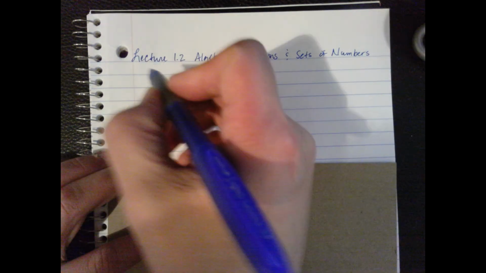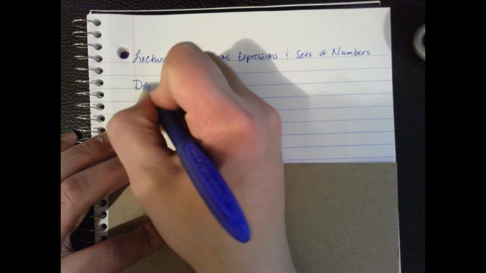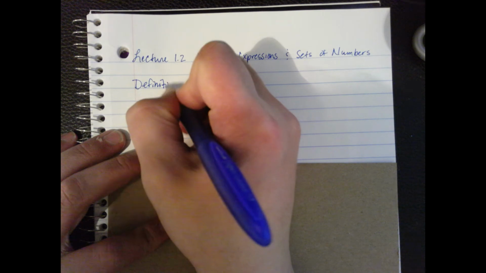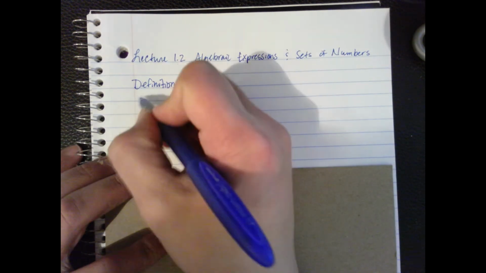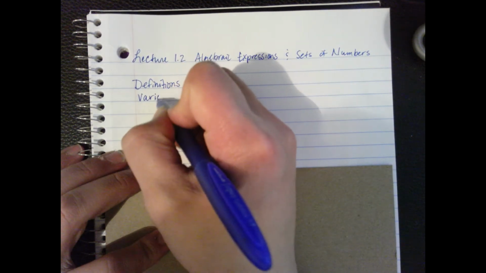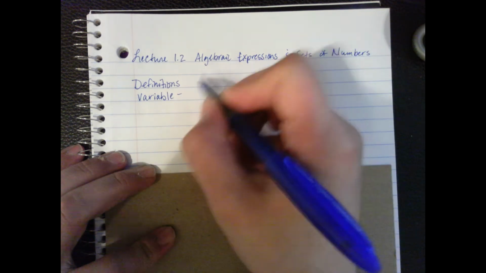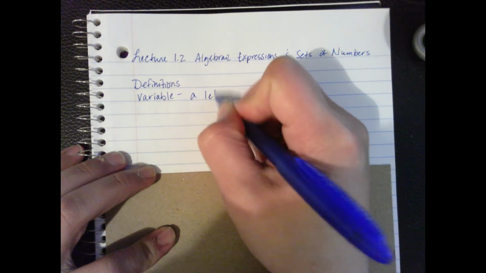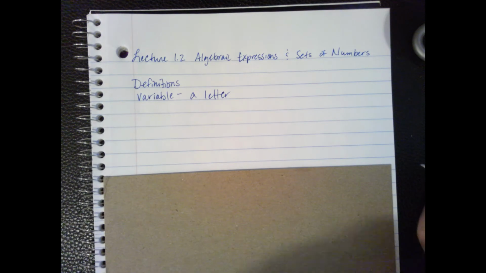Lecture 1.2 is going to be about algebraic expressions and sets of numbers. Before we do anything else, we need to establish some definitions. Okay, so a variable. This is a letter used to represent any number.